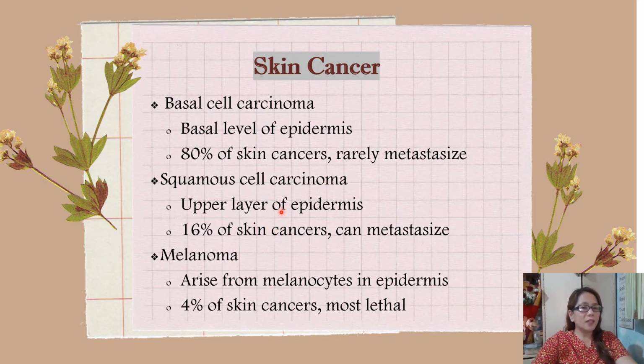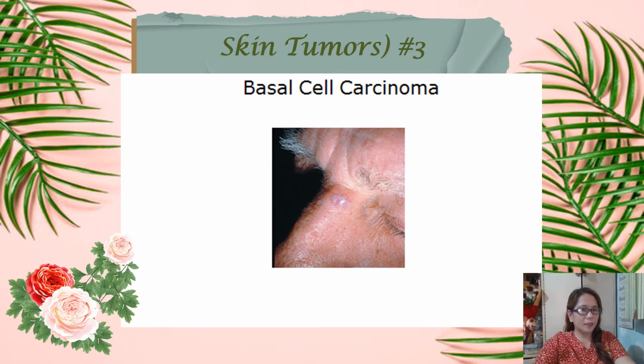Squamous cell carcinoma appears on the upper layer of the epidermis. 16% of skin cancers are squamous cell carcinoma, which can metastasize. And the other type of skin cancer is melanoma. It arises from melanocytes in the epidermis. 4% of skin cancers, it is the most lethal. Ibig sabihin, nakakamatay siya.